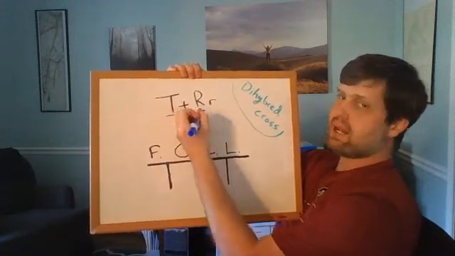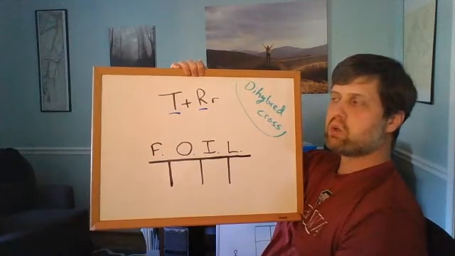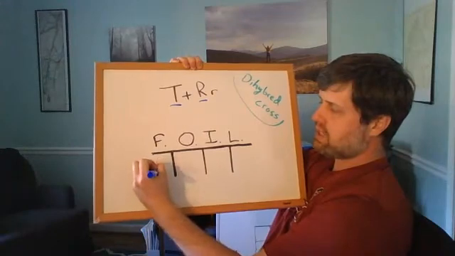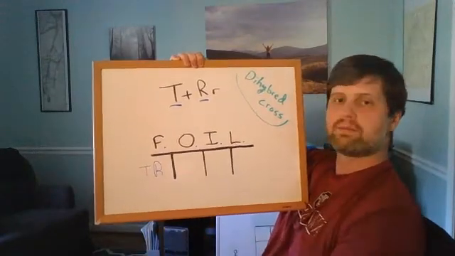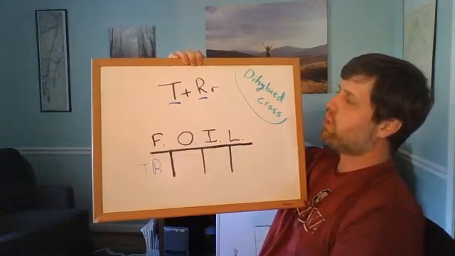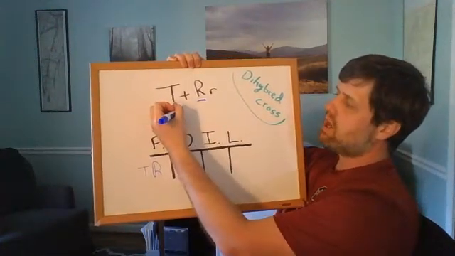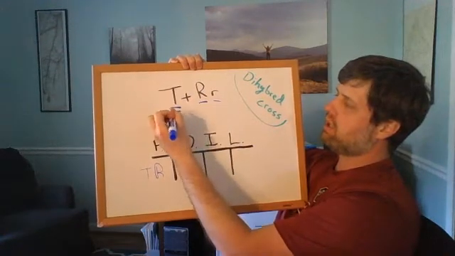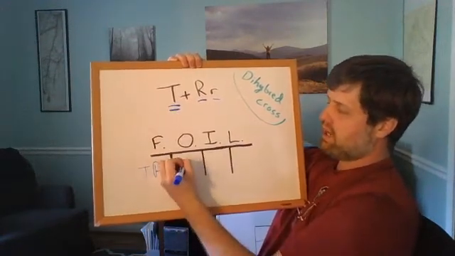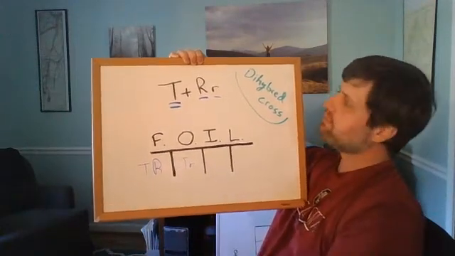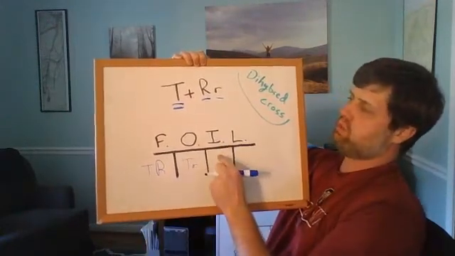The first 2 letters, the first possibilities. Capital T and a capital R is our first 2 combinations that we could get. So I'm going to plug that in here, capital T, capital R. Then outer for O. That capital T could also bond with this lowercase r. That's the next possibility. Capital T, lowercase r. Then the inner 2.